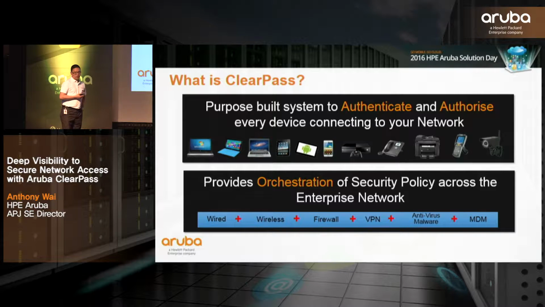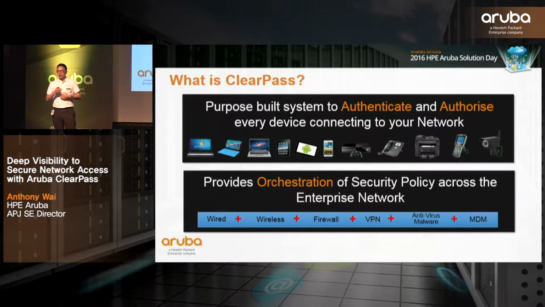Now, the other thing ClearPass is trying to do is orchestration, meaning it's like a conductor in the orchestra. It tries to coordinate all the information that is coming in and direct traffic to the right resources. Remember, in the morning, at the kickoff keynote, Steve was saying Aruba came a long way in mobility history.